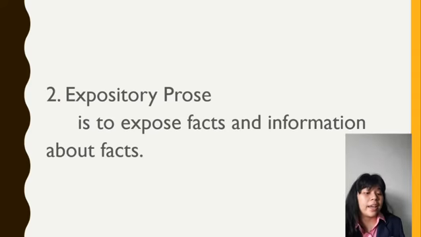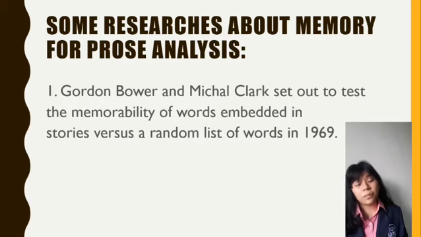In contrast, expository prose does not seem to entail a consistent structure, because it reduces the extent to which the reader has a pre-stored structure that facilitates organization. Expository prose is more likely to expose facts and information, so it does not require some significant way of remembering.